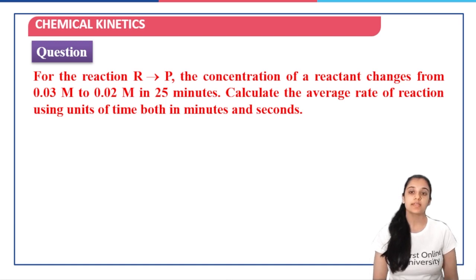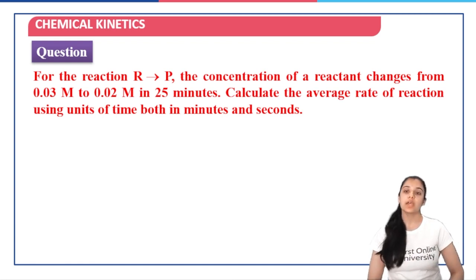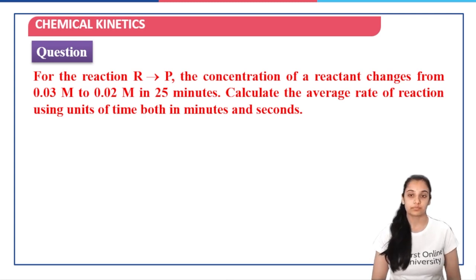R average is equal to P2 minus P1 upon T2 minus T1. And since you have to give the rate of reaction in both minutes as well as seconds, the units of the rate of reaction are going to be accordingly changed. So I want you to solve this question first and then have a look at the solution and match your answer.